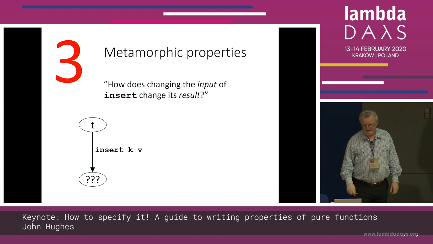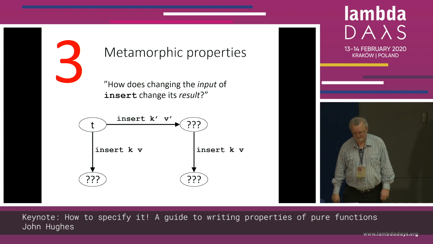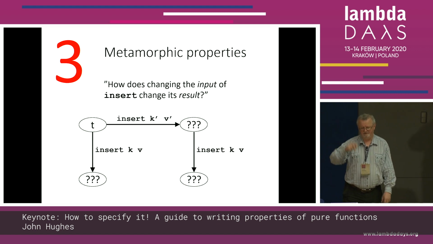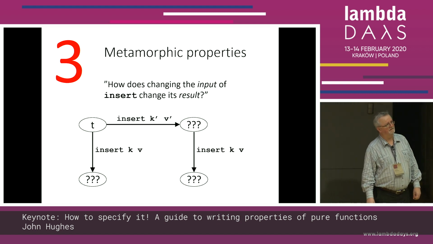We're going to take a tree. We want to test inserting a key and value into it, but it's hard to predict what result we should get. So instead, we're going to modify the tree in some way, like maybe insert a different key, and then do the first insertion. Now, what can we say about the two question mark trees at the bottom?